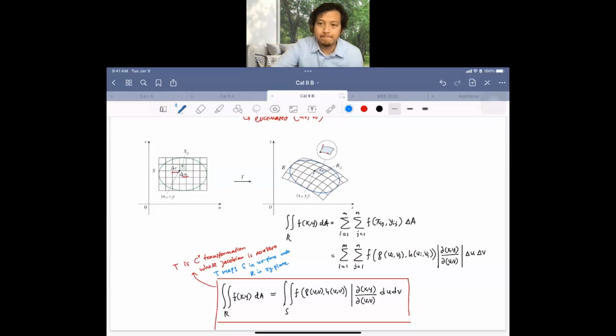Okay. So this is in general a change of variables. So change of variable in double integral.